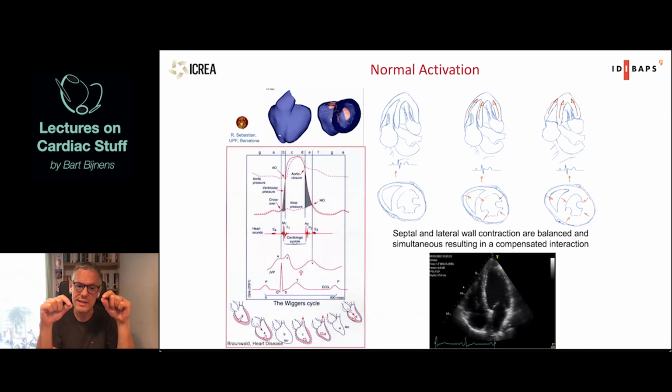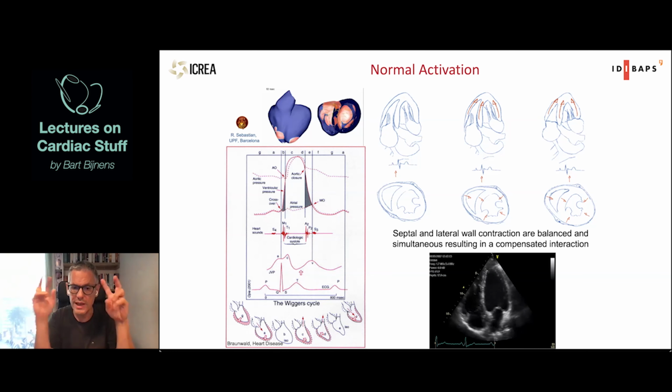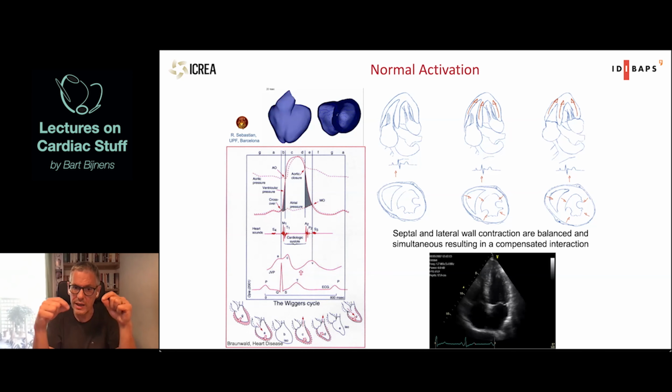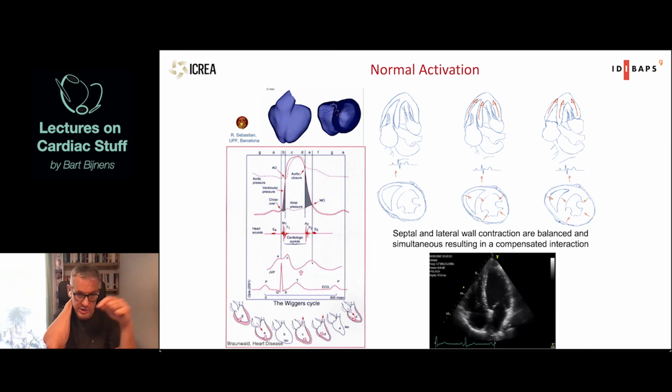And Purkinje cells are actually the fetal phenotype of myocardial cells. So these are myocardial cells that have not transferred to the adult phenotype, let's say it that way. And that means that they still conduct very fast. So they contract much less than the full cardiomyocytes, but they have the ability to conduct faster.